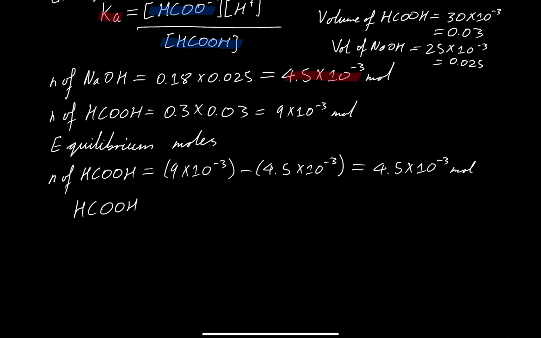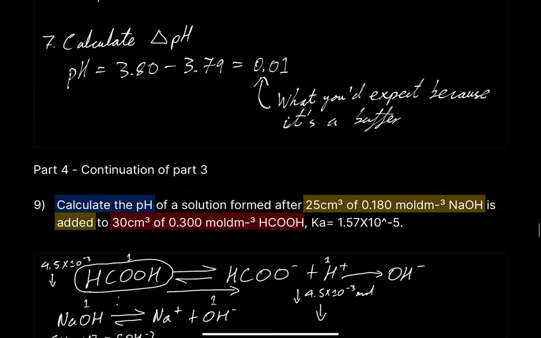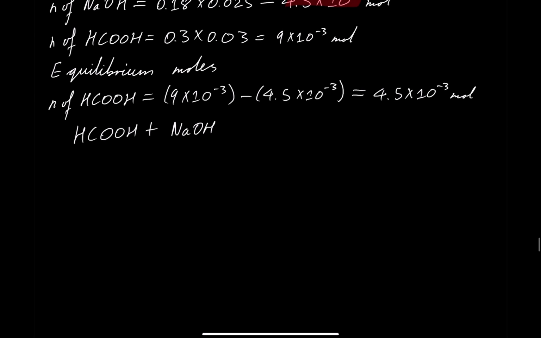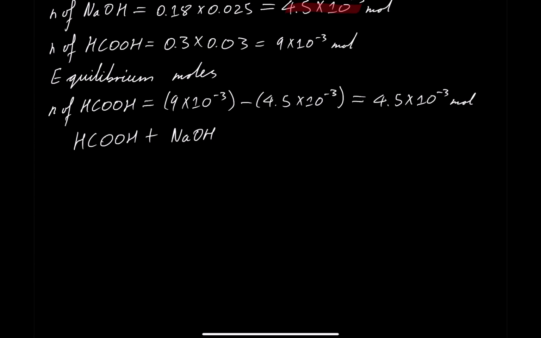So a base and an acid forms salt and water, right? So you're going to have the salt and water. This is what's going to happen here. All of the sodium hydroxide is going to get used. Remember, we have less moles. We have a lower volume of sodium hydroxide than methanoic acid, right? Therefore, all of the sodium hydroxide will react with an excess of our methanoic acid, and it'll form a salt and water.